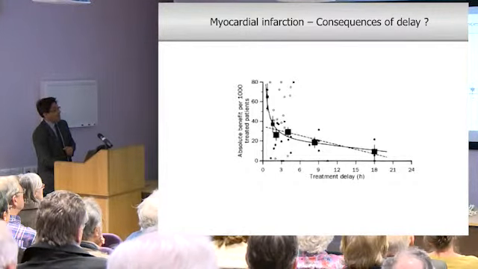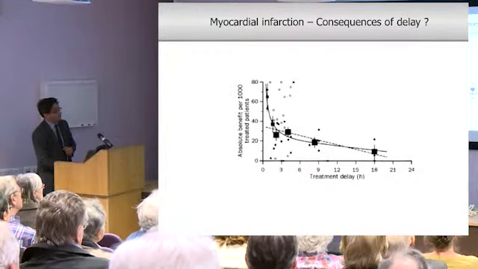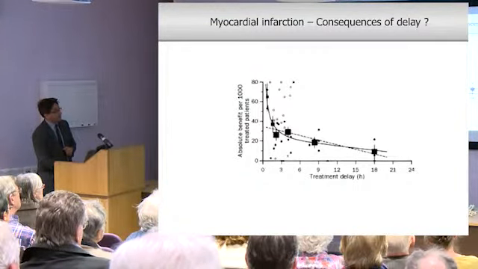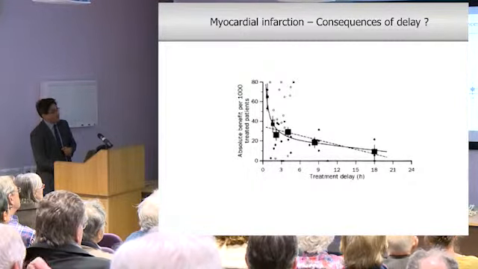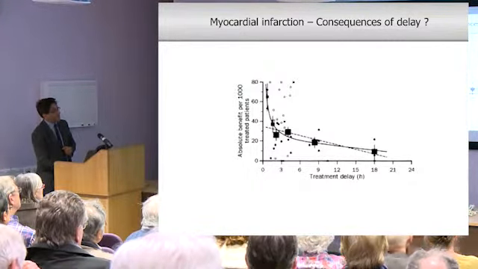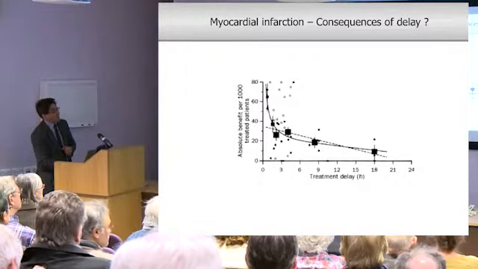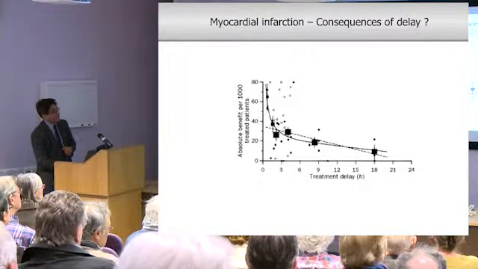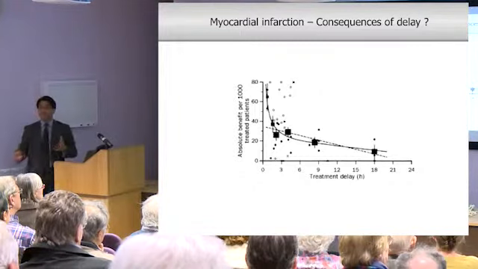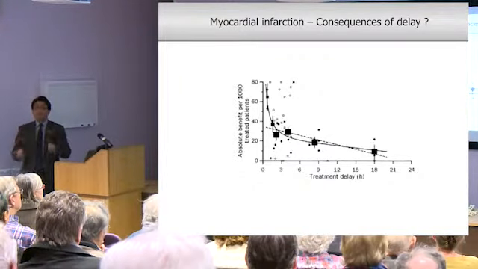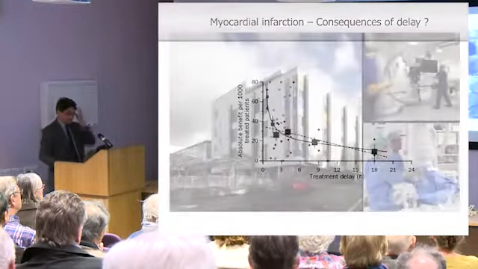So this is a graph that shows delay along the bottom and benefit in terms of lives saved along the side, the y-axis. And suffice to say that as time goes on, there is less and less benefit in terms of life saved, and that diminution in benefit is particularly steep within the first 2 or 3 hours. So we really want to get on with this very quickly.